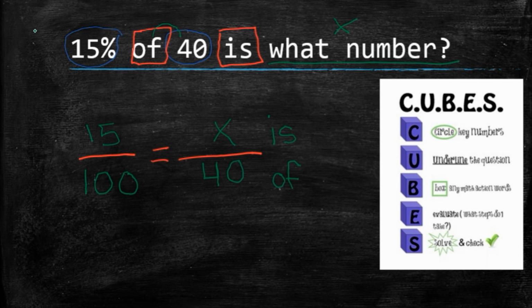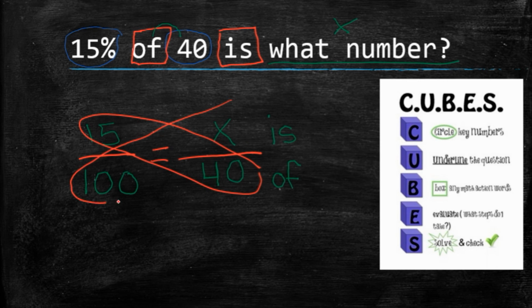So we're going to go ahead and solve this. I'm going to use my butterfly method here. And I know that we all know how to solve our proportions. You'll multiply 15 times 40, right, equals 100x.